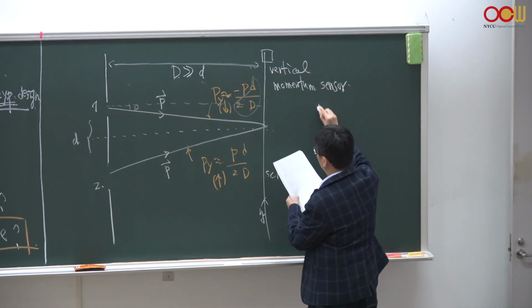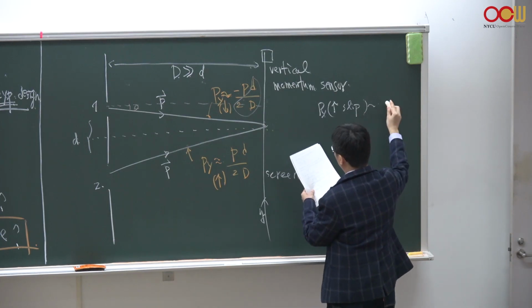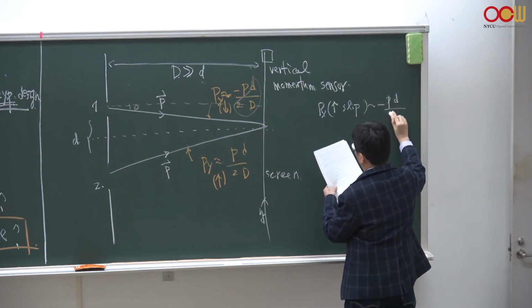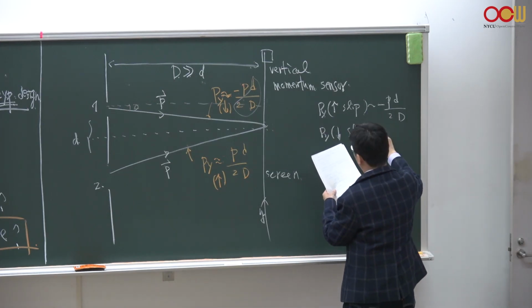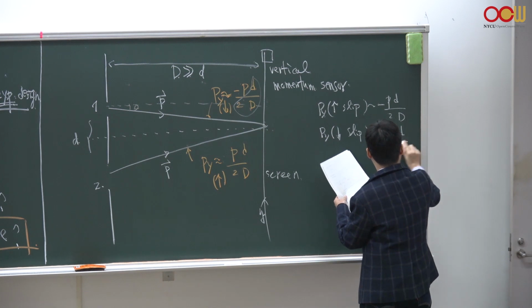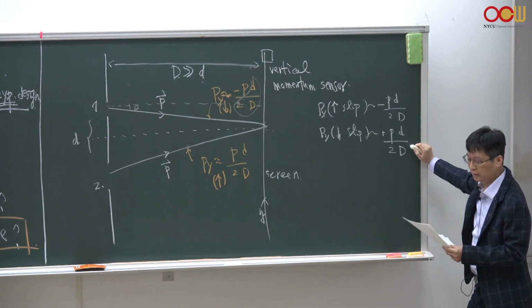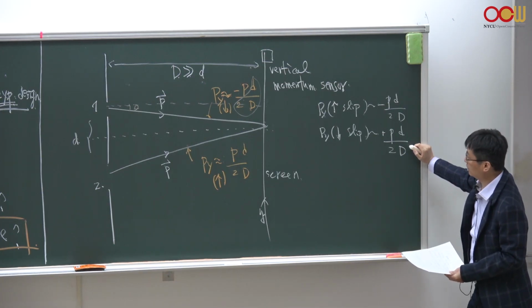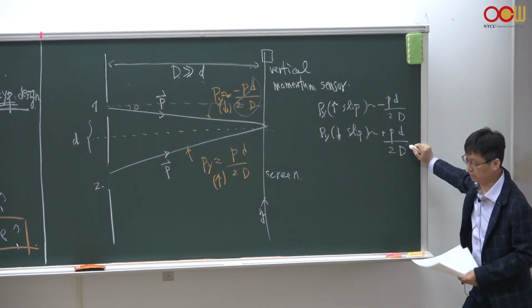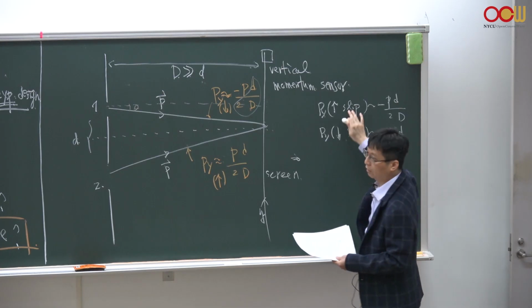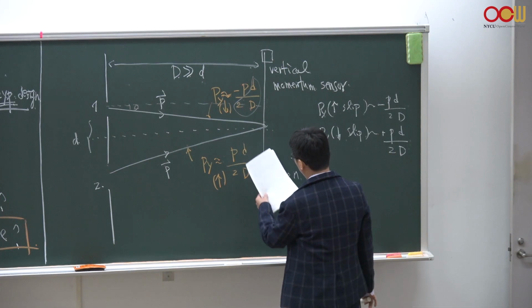As I mentioned, py for the up slit particle carries minus pd over 2D, and py for the down slit particle carries pd over 2 capital D amount of momentum. So in order to identify which slit that electron comes from, you need to have a better resolution in the momentum detector, right? In order to really resolve this difference in magnitude of the py component of the electron hitting the screen.